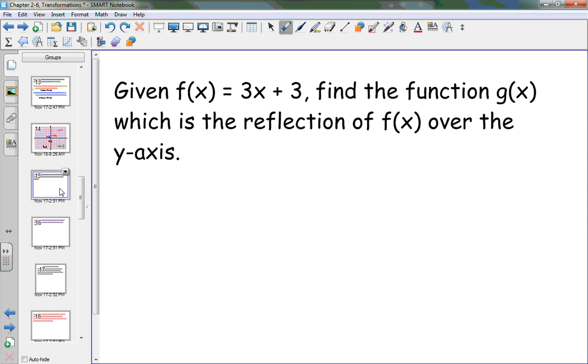So if I'm going over the y-axis, I'm folding hot dog style. And when you fold hot dog style, the x point changes, which means g of x is equal to f of -x, because the x value is what's changing. So every place I see an x in f of x, what do I replace it with?